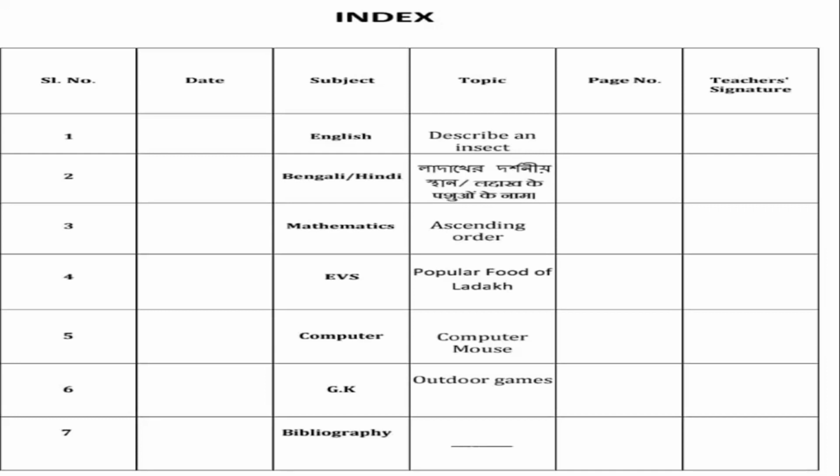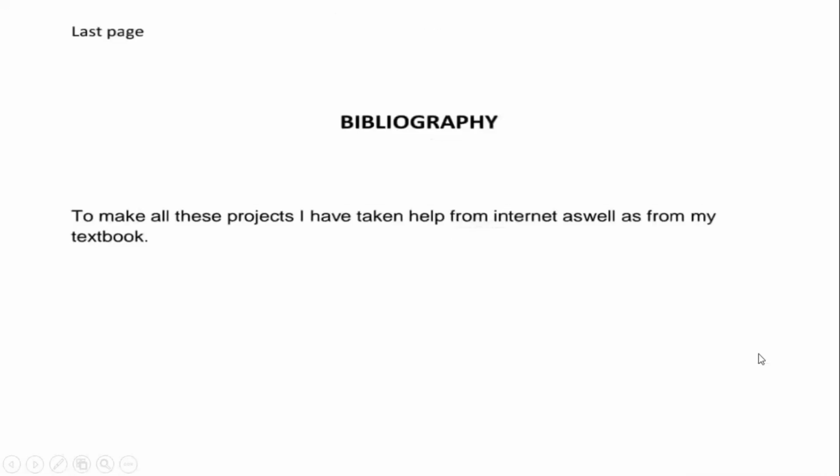In the third column, you have to write subject. In the fourth column, you will write the topics. For example, for the subject English, the topic is describe an insect. In the next column, you will write page number and leave this space for teacher's signature.